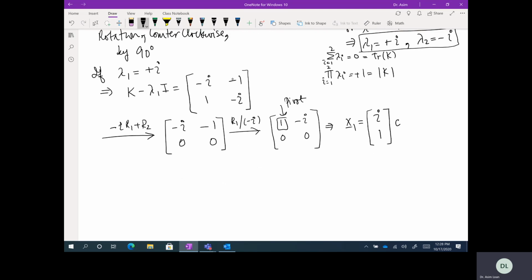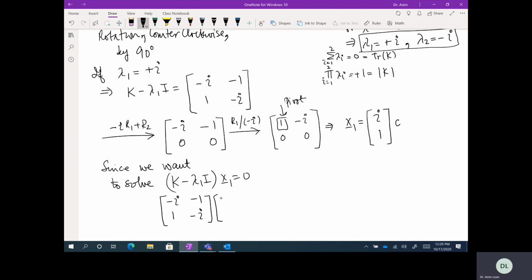Now another approach is, since we want to solve (K minus lambda 1 I) times x1 equals 0, why don't I do this? I say minus iota, 1, minus 1, minus iota, times alpha, beta, equals 0.